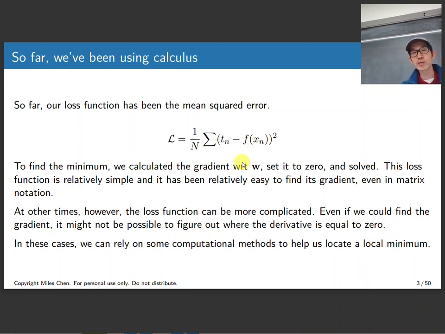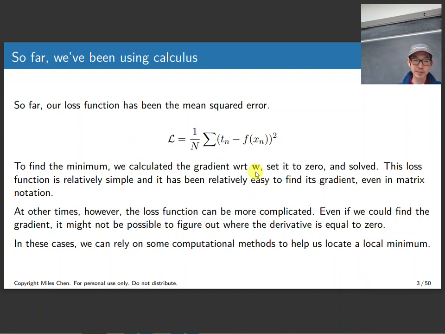We calculate the gradient with respect to our vector w of weights, whether it's the slope and intercept, or multiple weight values for a polynomial. We did it using vector calculus, which simplified our notation, set it equal to 0, and solved for it. You ended up with something like x transpose x inverse x transpose t.